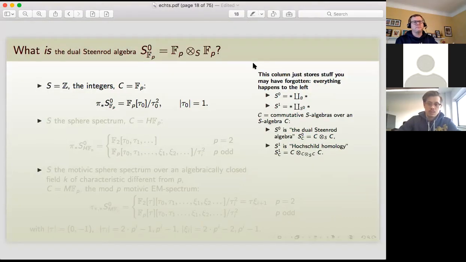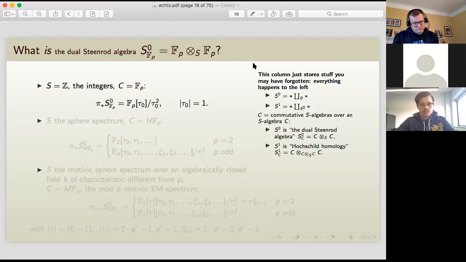Okay, so let's get started. Forget about the right-hand column and concentrate on the left-hand side. So what about Shukla homology? We're going to be interested all the time in the prime field F_p.